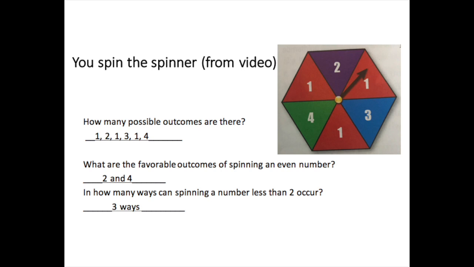Less than 2 on our spinner means it's going to have to roll a 1. So in order to roll a 1, we have to land on one of the red spaces. There are 3 out of 6 of those red spaces. So there are 3 different ways to land on a number less than 2.